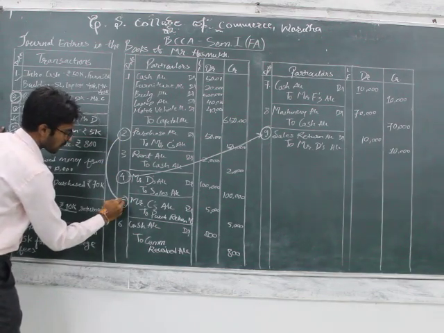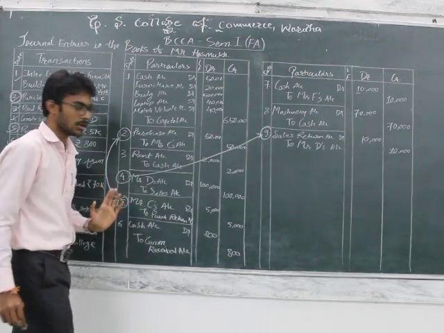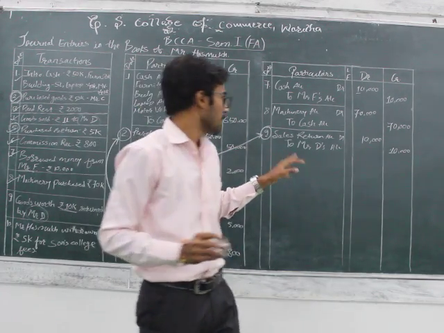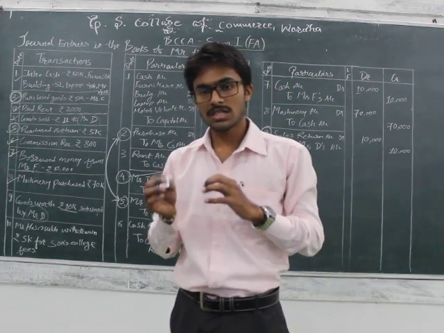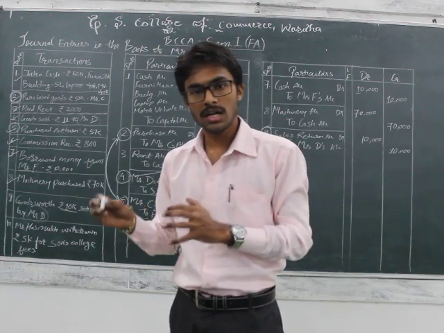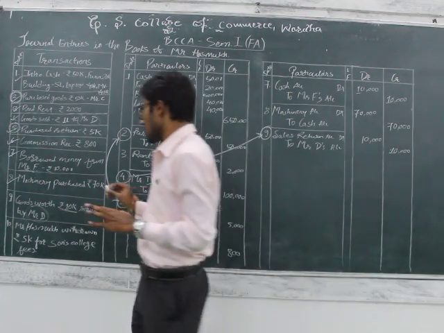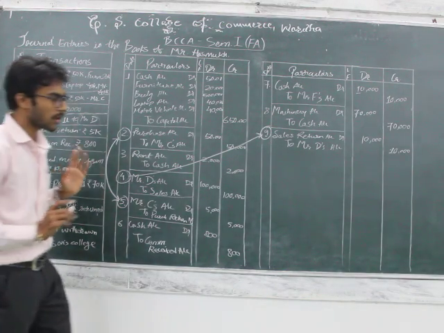So the second and fifth are connected, and the fourth and ninth are connected. Okay. So how can you write the narration for this? You can write: being goods returned, being Mr. D returned goods to us. Simple.